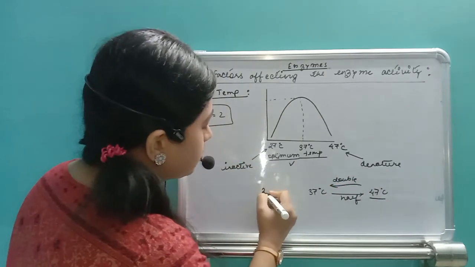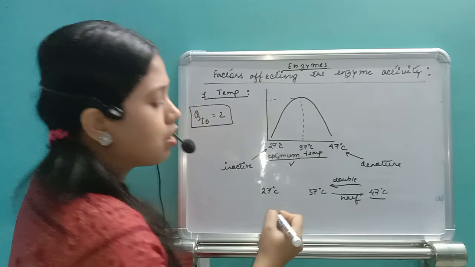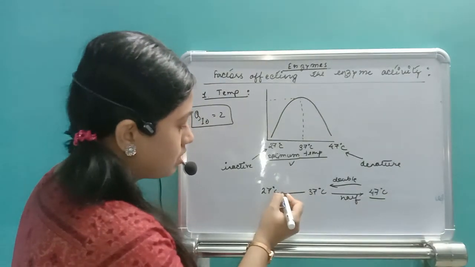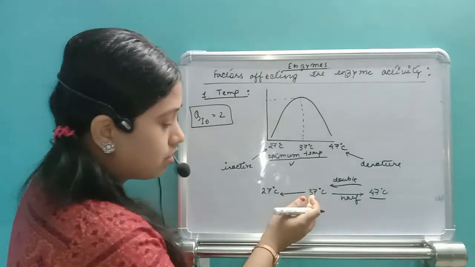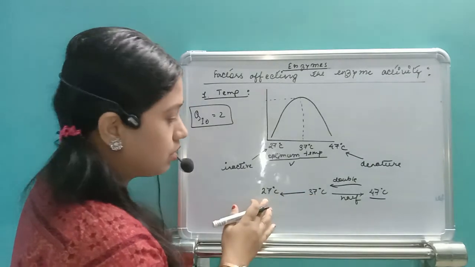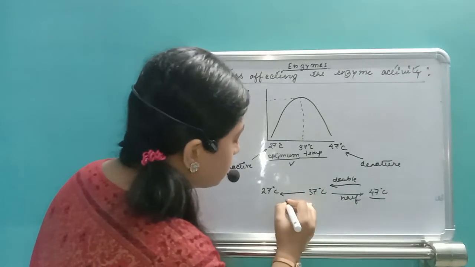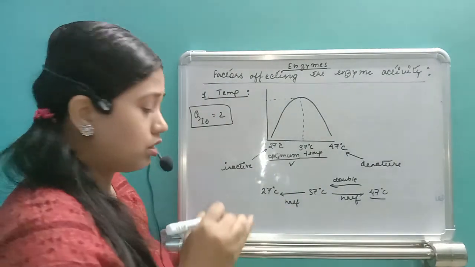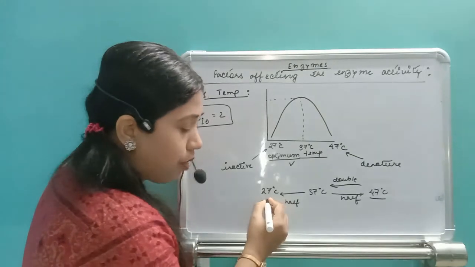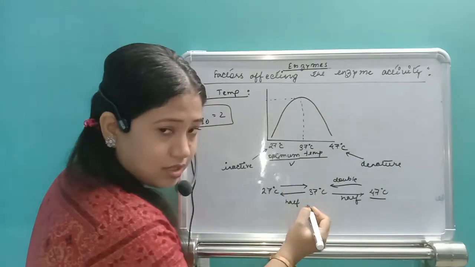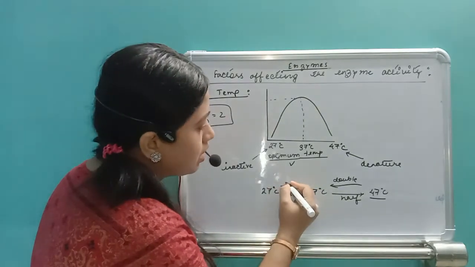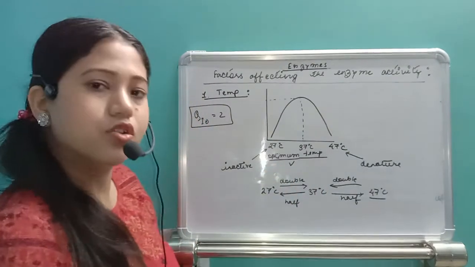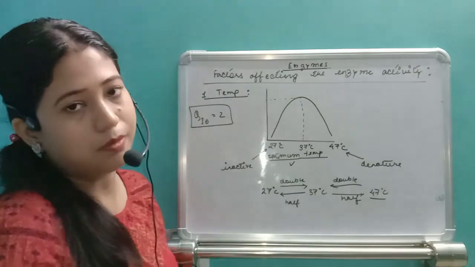Similarly, if we decrease the temperature of the medium from 37 degrees to 27 degrees Celsius, the rate of the reaction becomes half, and when the temperature goes from 27 to 37 degrees Celsius, the rate of the reaction doubles. This point you also have to remember.